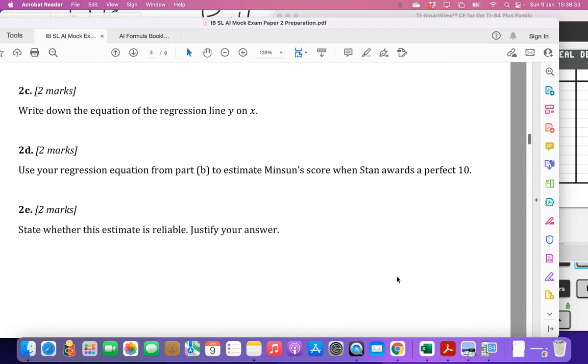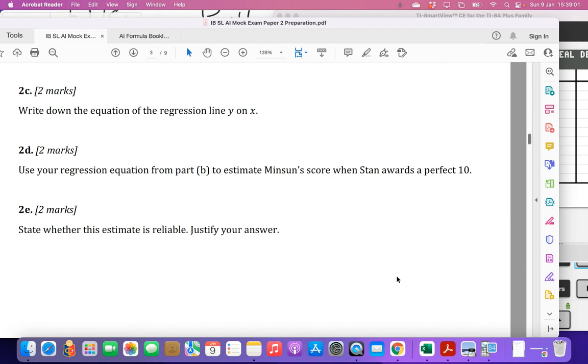So I would have to say that this result is unreliable for 2 reasons. We're beyond a perfect 10, and also we're outside of our data, which is really what they want to see for the answer. It's outside of the values of x, so we can only interpolate, not extrapolate.